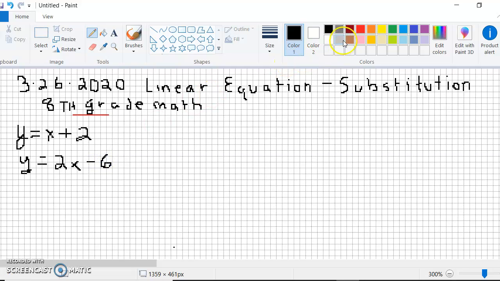Okay, so what we have here, we have to substitute, because we're using that method. So we're going to substitute this over here into the y over here.